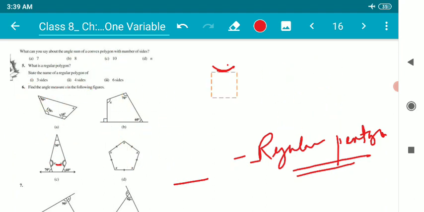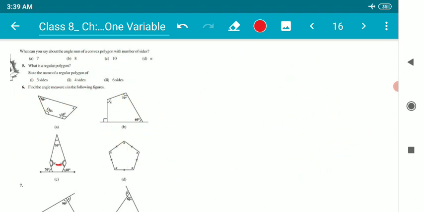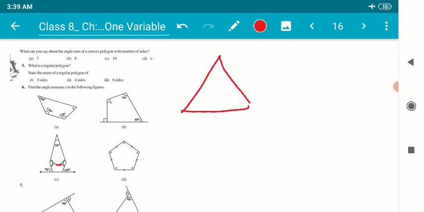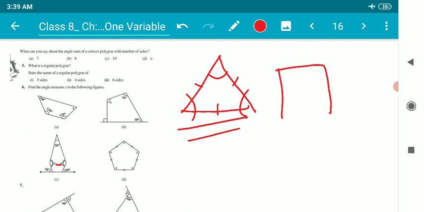Now we are going to talk about something. A 3-sided regular polygon is an equilateral triangle, which means all 3 sides and all 3 angles are the same. With 4 sides, all 4 sides the same and all 4 angles the same, it is a square.